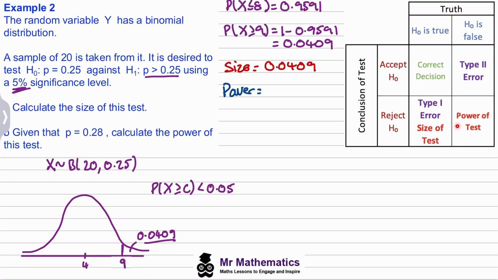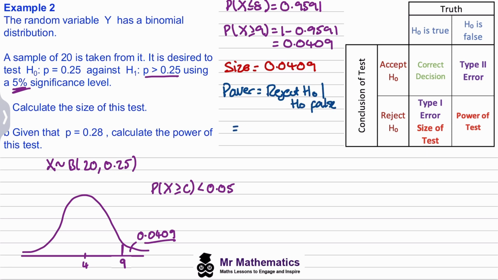And then to work out the power, this is when we reject H0, so we're in this critical region, given that H0 is false, and we're told that the probability is actually 0.28. So we'll say we reject H0 given that H0 is actually false.